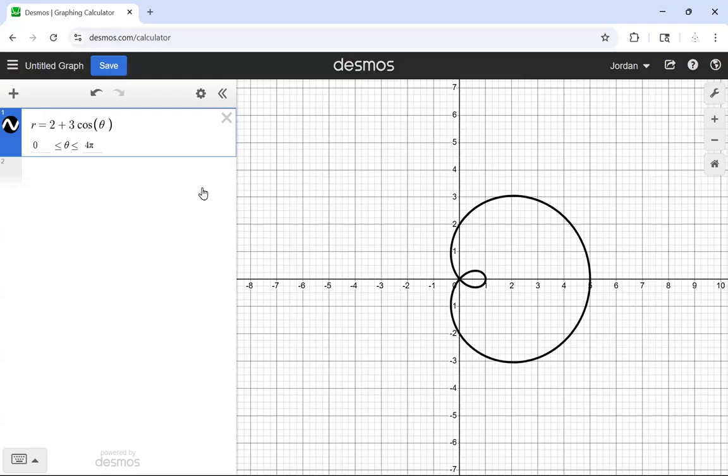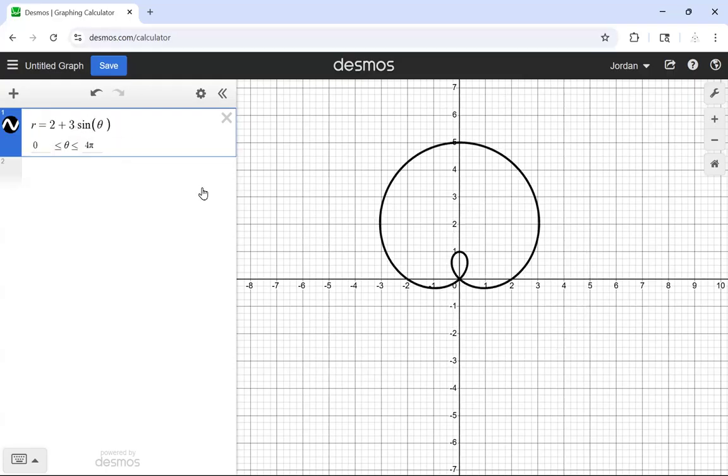Now, if instead of using cosine, we use sine, then that same object is just oriented along the y-axis instead of oriented along the x-axis. So it basically looks like a 90-degree turn. And once again, the constant being smaller than the coefficient on sine forces an inner loop.